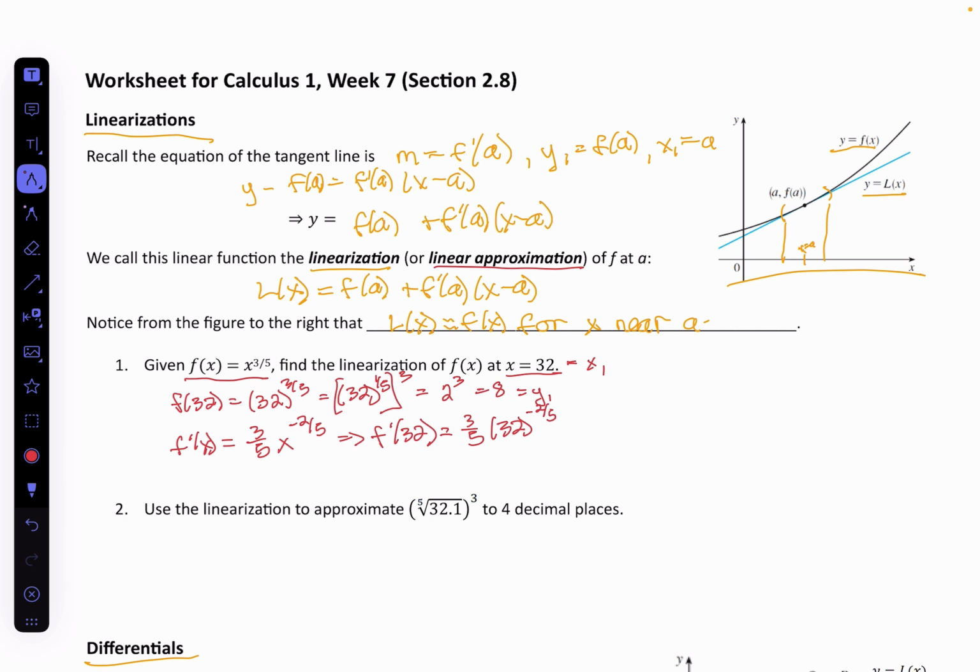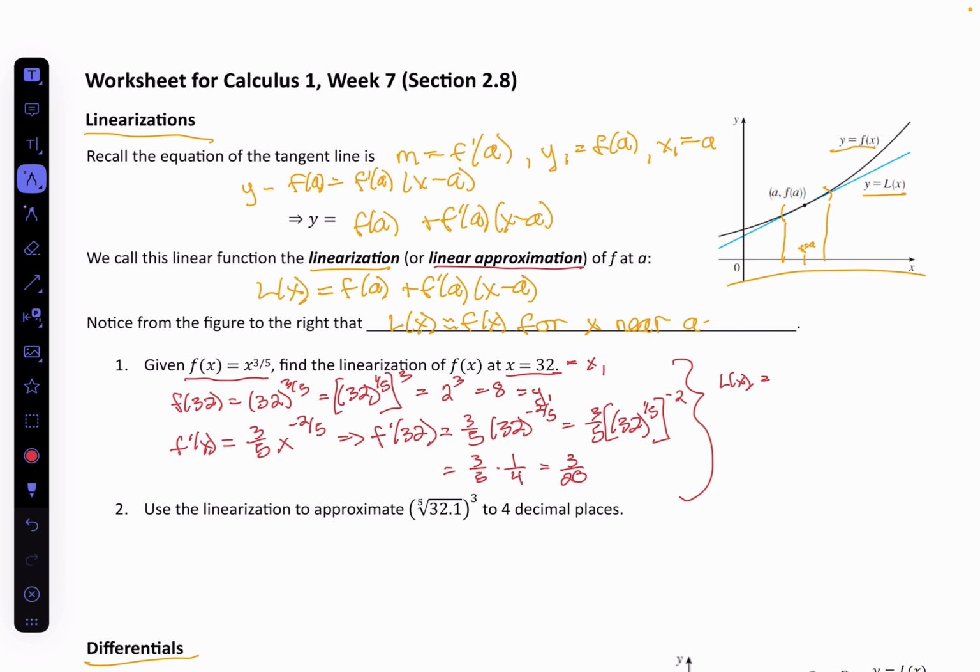Now similarly to what we did when we substituted 32 into the original function, we can take 32 and raise it to the 1/5 power, and then we would take that whole thing and raise it to the negative 2 power. So 32 to the 1/5 is 2, as we already saw. 2 to the negative 2 power is going to be 1/4. So we have 3/5 times 1/4, or 3/20.